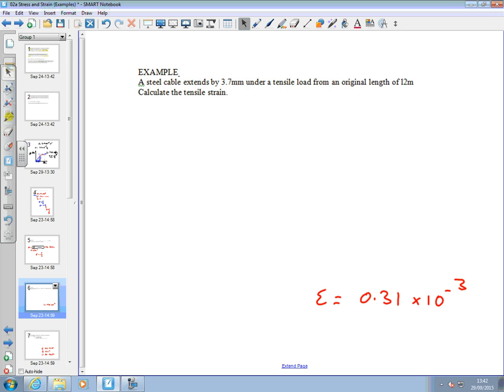What about this one? A steel cable extends by 3.7 millimeters under a tensile load from an original length of 12 meters. Calculate the tensile strain. There's the answer. So I'll start you off and you can see if you can get that answer there.